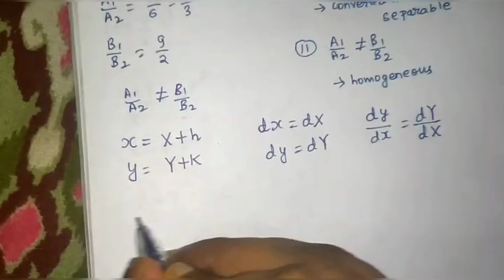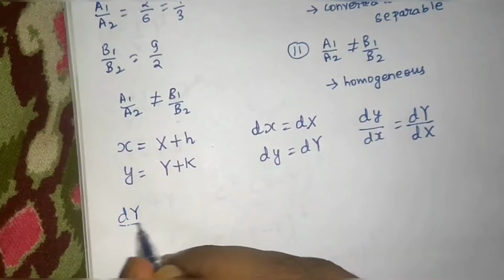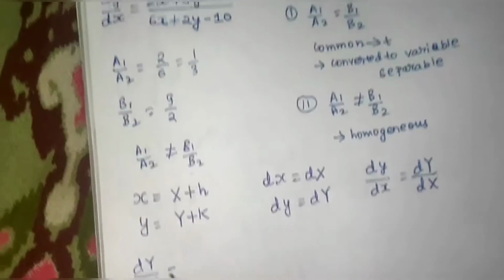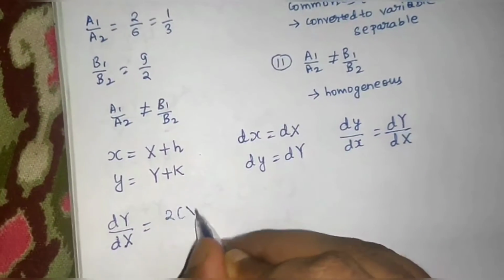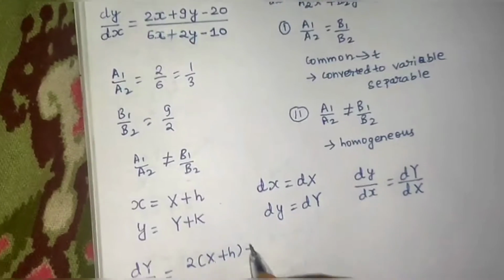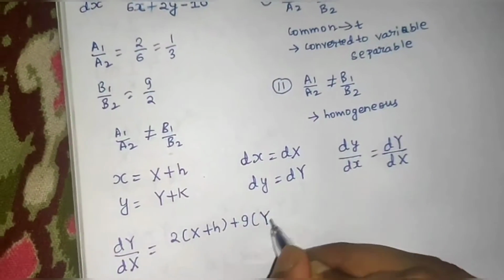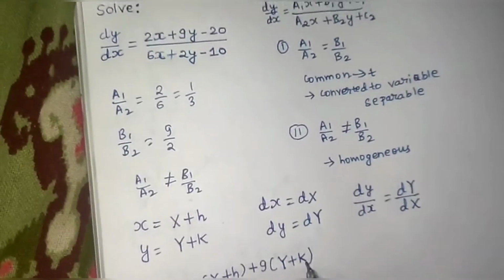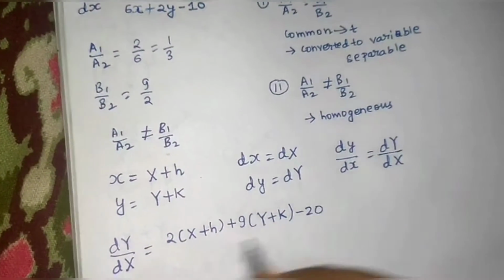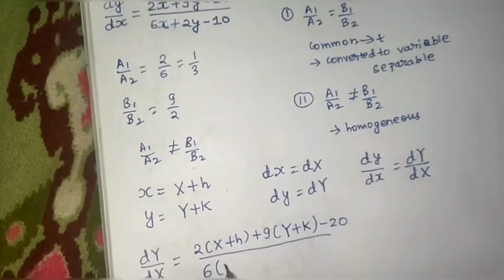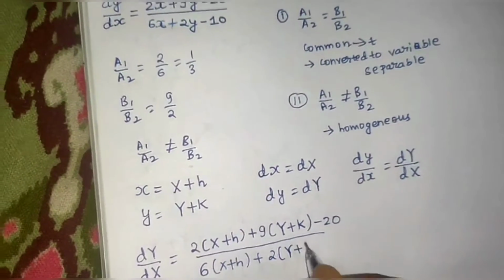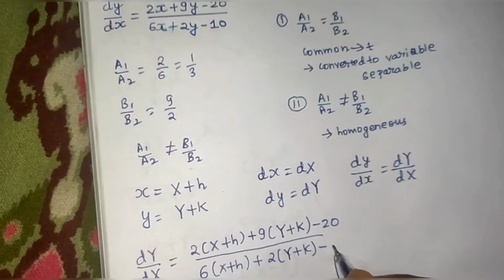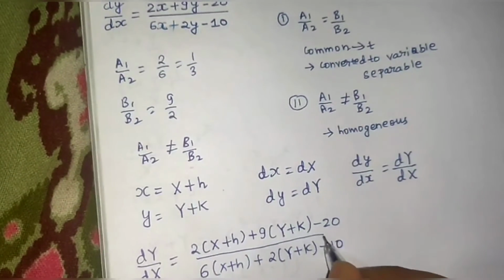So I can reframe this equation as dy by dx is equal to, in place of x, X plus h, so 2 times (capital X plus h) plus 9 times (capital Y plus k) minus 20, divided by 6 times (capital X plus h) plus 2 times (capital Y plus k) minus 10.